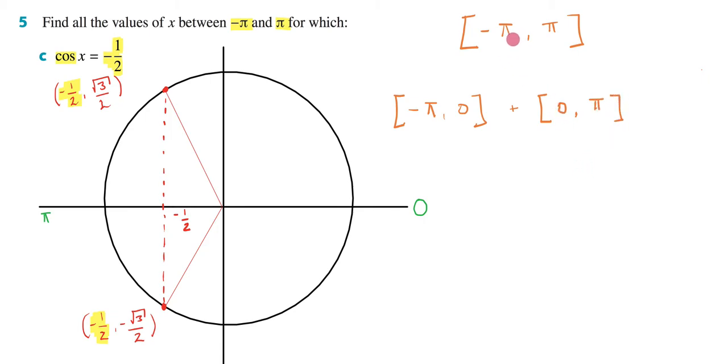So as you can see, negative pi to pi is the same as going negative pi to 0 to pi. And these are the areas that I'm working within. So for the first one, 0 to pi, that would correspond to this region here. Are there any values that I have from 0 to pi? And in fact, there is.